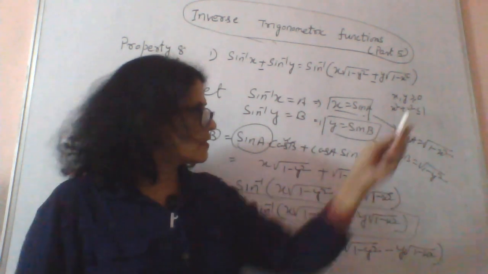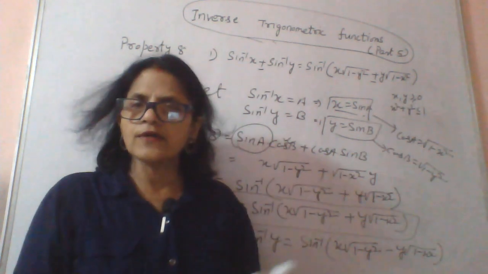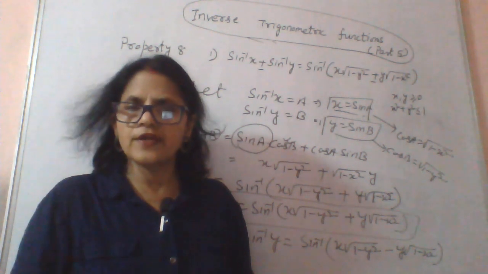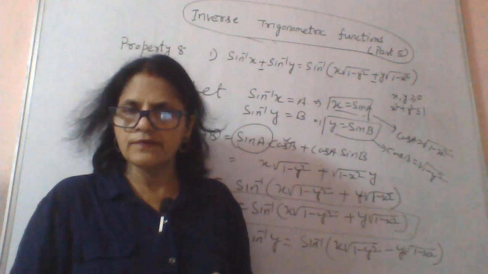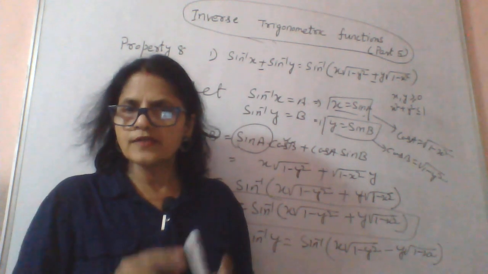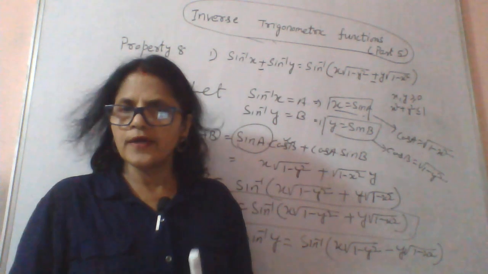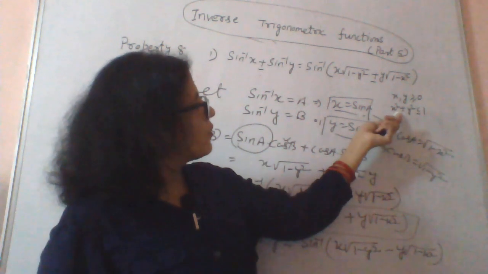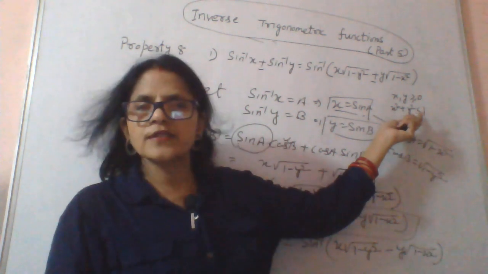So whenever we say x y greater than or equal to 0, it means both sin inverse x and sin inverse y are positive, I mean non-negative. So both sin inverse x and sin inverse y will lie in the closed interval 0 to pi by 2. And also x square plus y square less than or equal to 1.